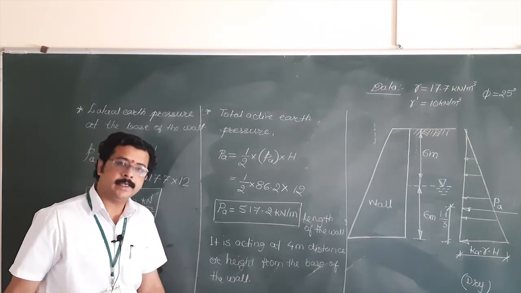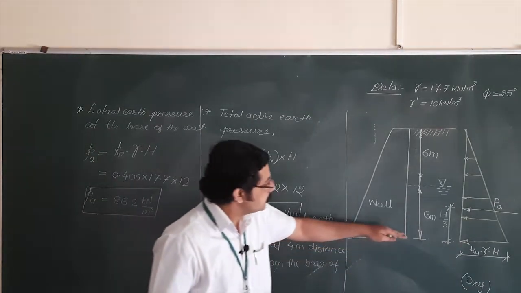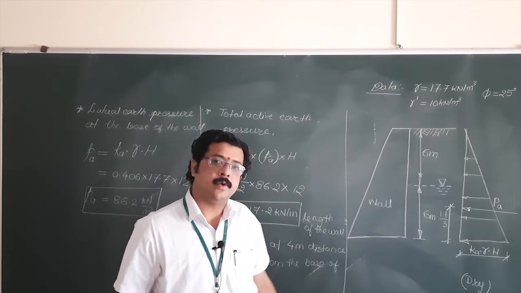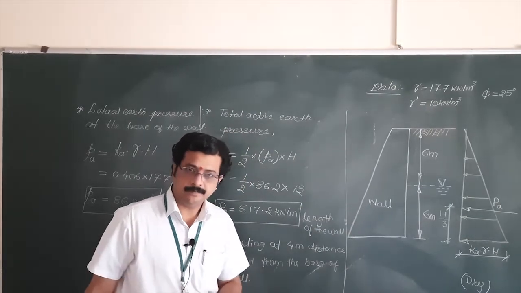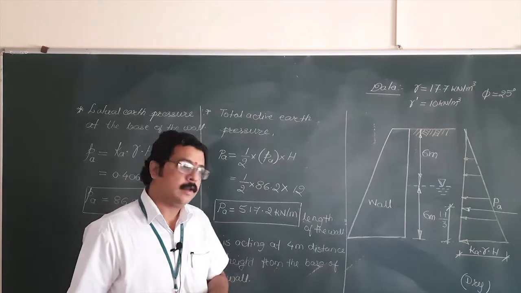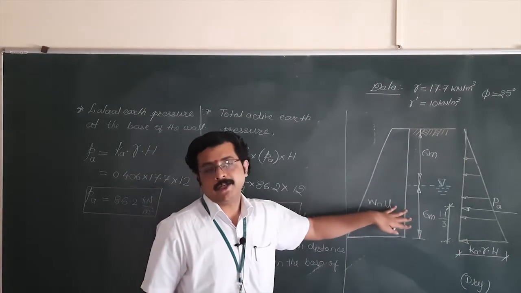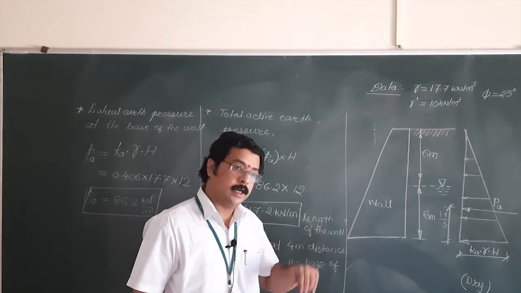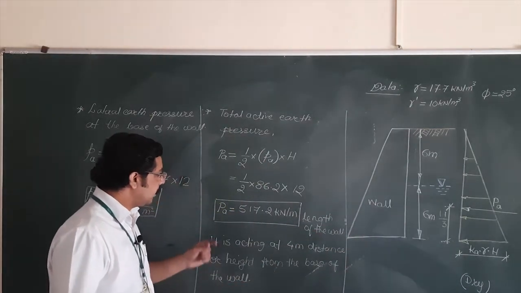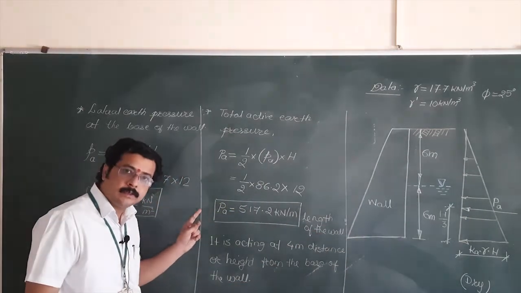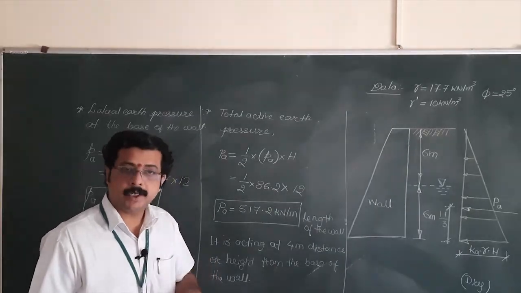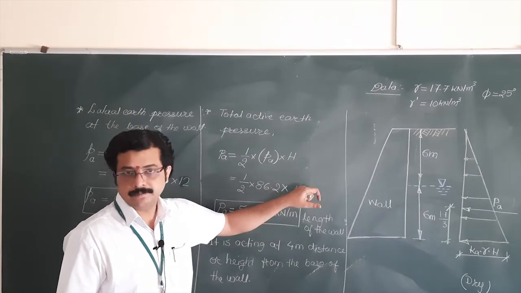Now in the second case, when water table is at 6 meter height from the base of the wall, we want to find out what will be the total active earth pressure first. Second, where the point of application of that total active earth pressure will be. Third, what is going to be the difference between this active earth pressure in dry condition and that new active earth pressure when the soil is submerged.